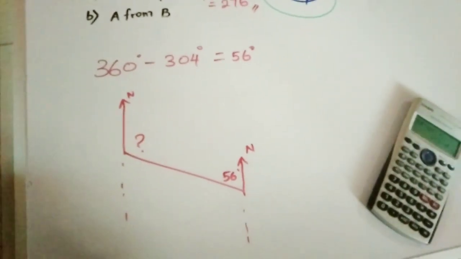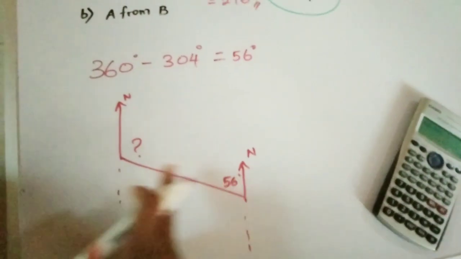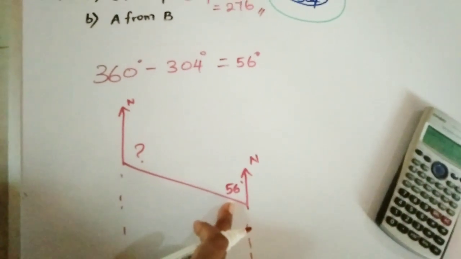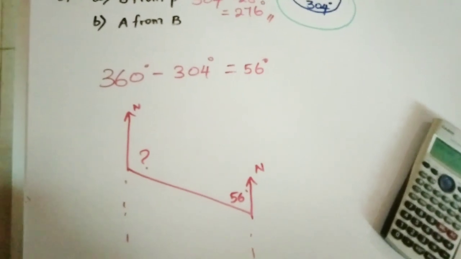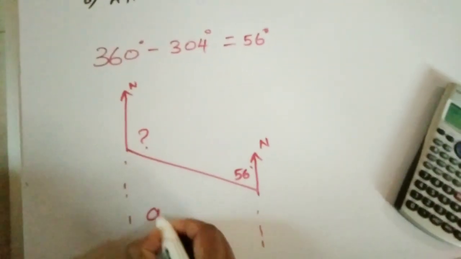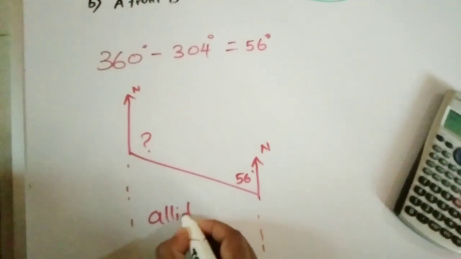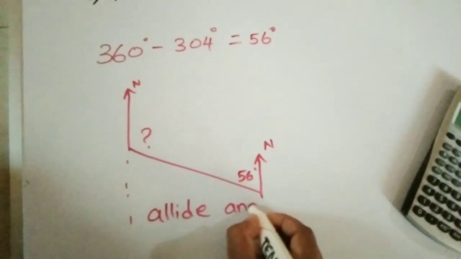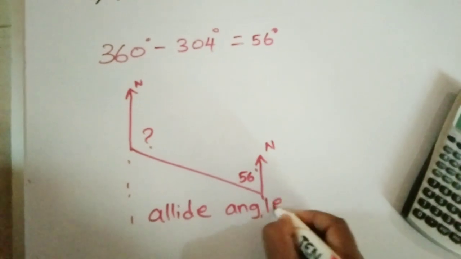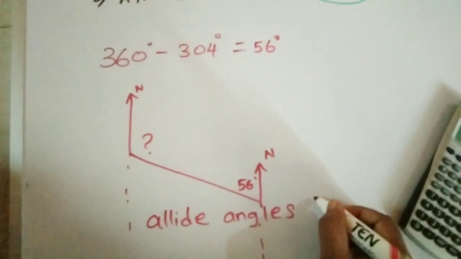These two lines are north directions, no? So they are parallel to each other. Angles between parallel lines. What's the type of these two angles? Allied angles.